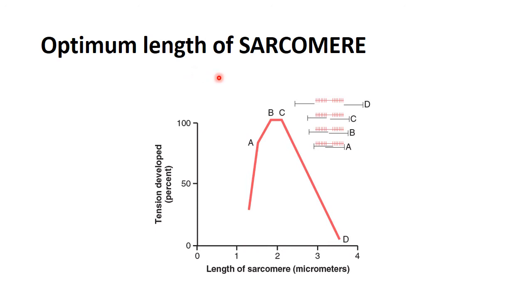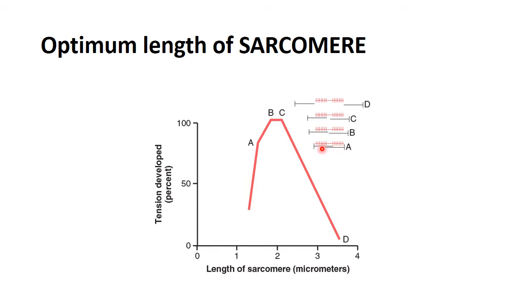So in this curve, there are 4 points you must remember: A, B, C, D. They are the 4 points. At point A, the sarcomere length is less than 2. When it is less than 2, this dark line is the actin filament.